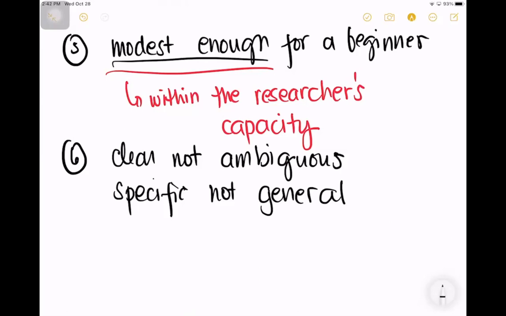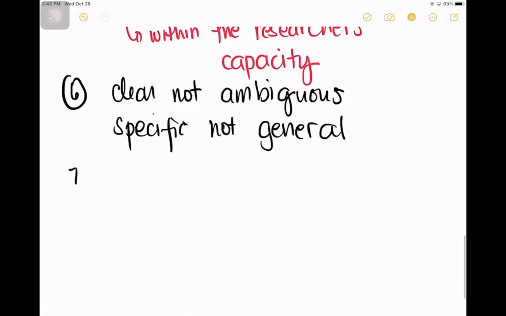Of course, let's not forget another criteria. I have mentioned this already a while ago, that modest one for the beginners. When you say modest, you have to consider the training and the personal qualification of the researcher as well. But it's not like you cannot make a collaborative research study with experts, you still can.